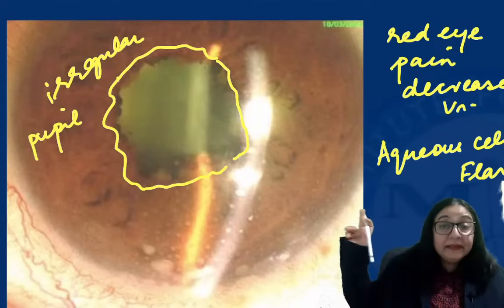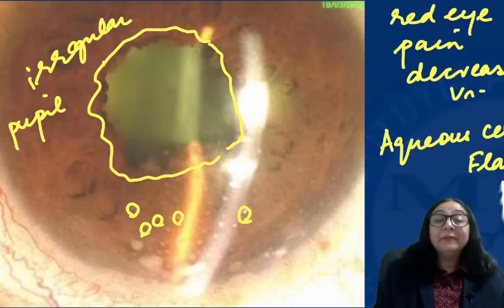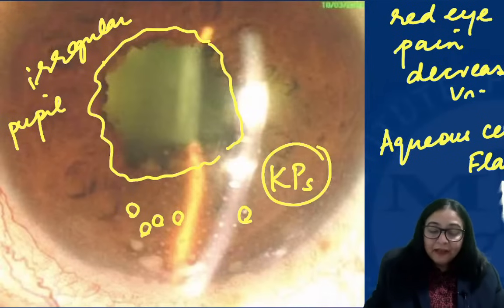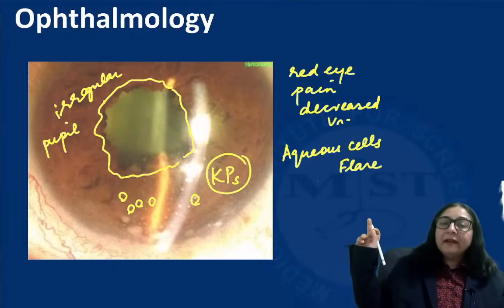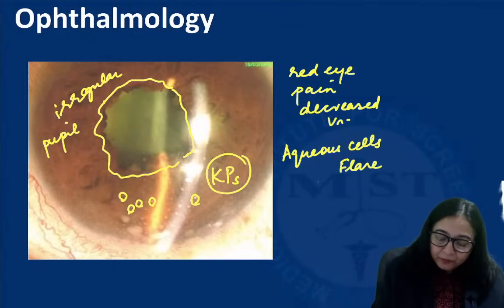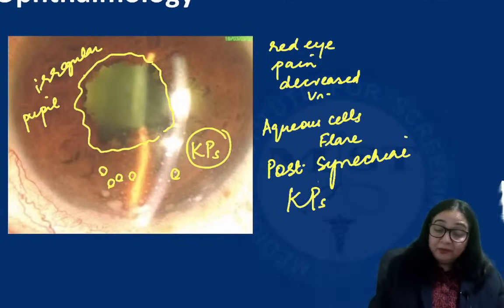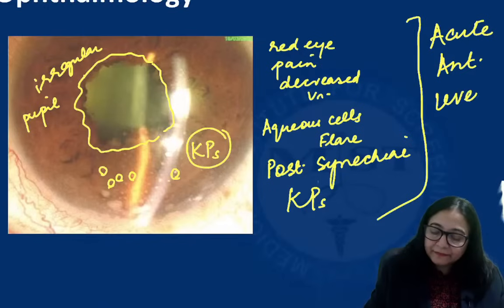And then if you notice clearly, there are these deposits on the corneal endothelium, which are your keratic precipitates. Fine. So if you are able to identify posterior synechiae because of the irregular pupil, and you are able to see keratic precipitates which are the hallmark of it, all this is fitting into the diagnosis of, my dear friends, acute anterior uveitis.